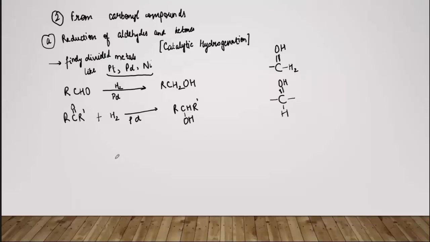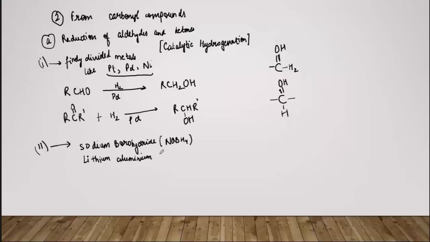Now this was using the catalytic hydrogenation. ठीक है. इसमें भी we have another reagent that you can use, and that is sodium borohydride and lithium aluminium hydride, and the formula is LiAlH4. ठीक है.